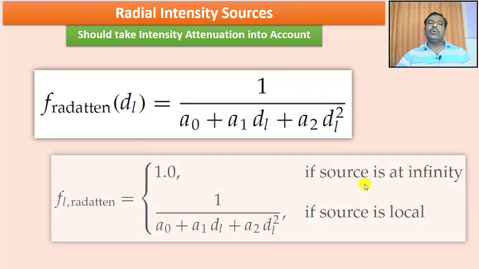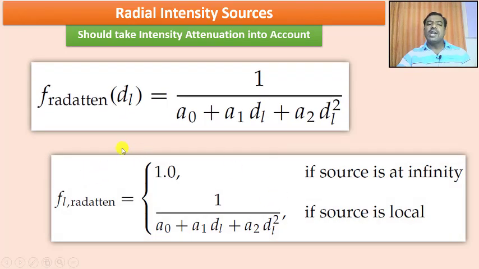And this is going to be the radial intensity source, and this radial intensity source is going to be 1 if the source is at infinity. If there is no point light source in the scene, we're going to have this as 1. That is, the entire scene is going to have a uniform intensity. If the light source is going to be a local light, then the intensity changes.